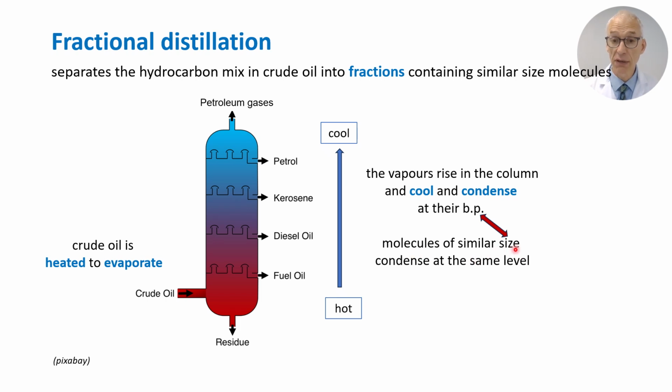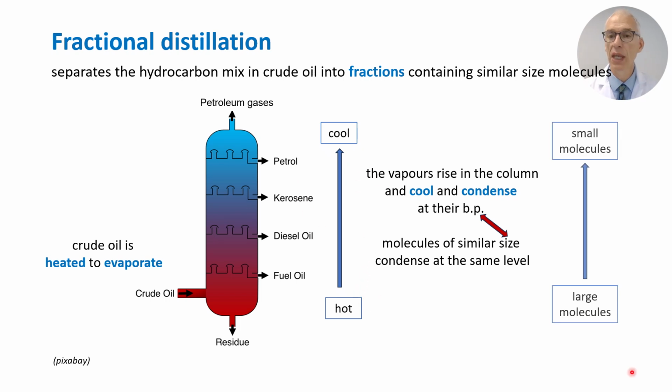Increase the size of the molecule, increase the boiling point. So molecules that condense at the same temperature have similar sizes. So similar size molecules are found in each of these fractions because they've got similar boiling points and therefore condense at the same point in the temperature gradient, hot to cool.